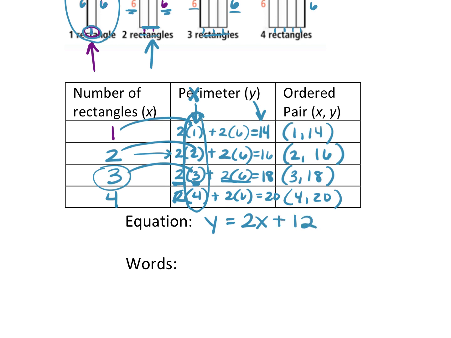Plus 12. That is the equation that will get you this. That way, if I want to know what it would be for 17 rectangles, now all I have to do is plug a 17 in right there, and I know what it will be for 17 rectangles, right? So that's where equations and functions work out beautifully, is you can do work down the road from just using the first little batch of information you have, okay?